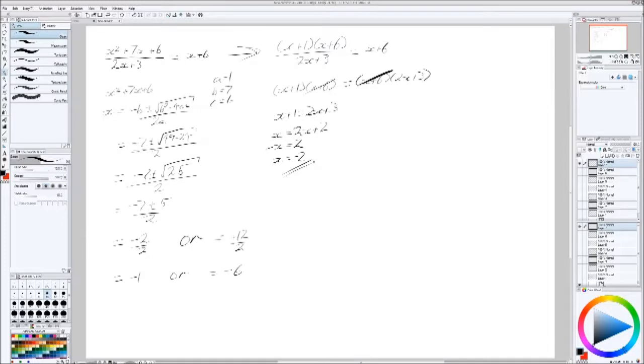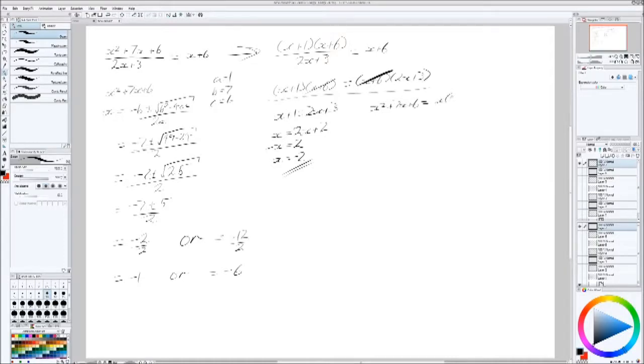The other way we could do it is we could have expanded out each of these, then simplified to get a single quadratic equation, which I'll do now. So we defactorize that top part. We end up getting what we had at first, x squared plus 7x plus 6 equals, and now we need to spread out this other side.